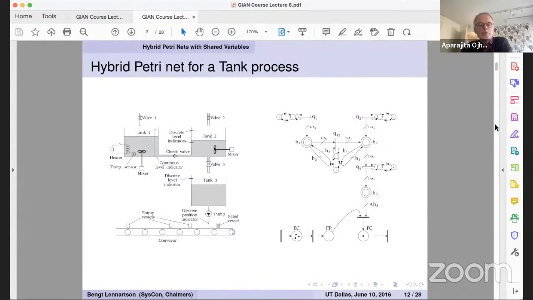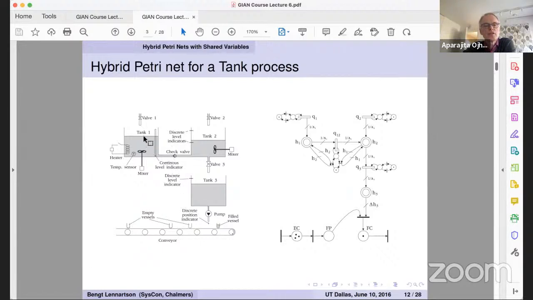Now, it's interesting that we can also extend our Petri nets to include continuous dynamics, as well as, for instance, discrete valves.